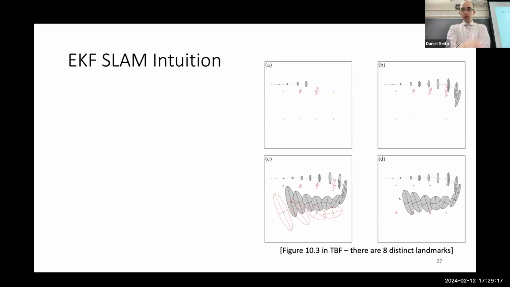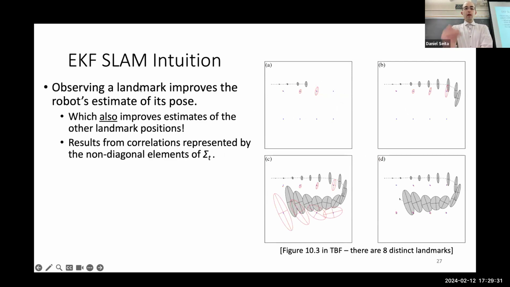So here's a little bit of intuition. There are 8 distinct landmarks here: 1, 2, 3, 4, 5, 6, 7, and 8. If you observe a landmark, the intent is that it should improve the knowledge of where the robot's position is.